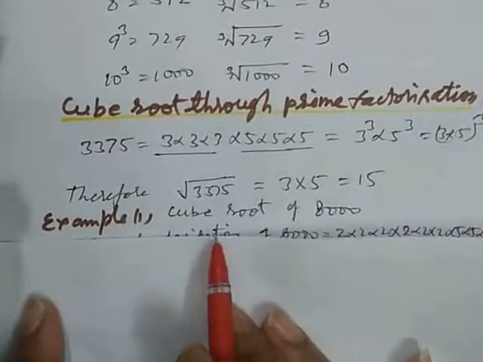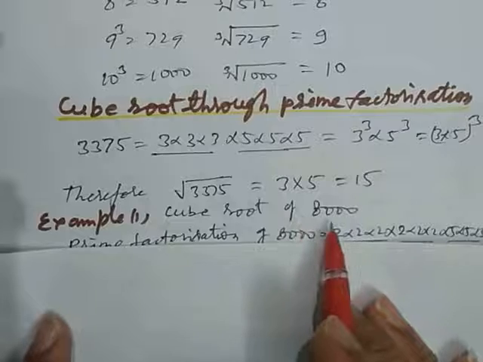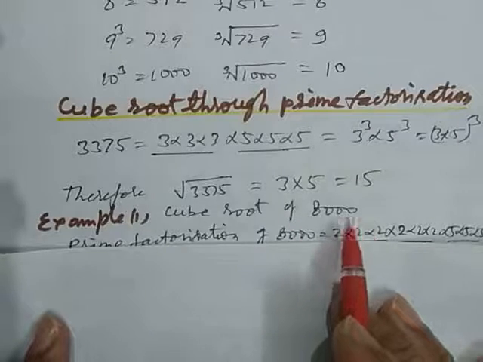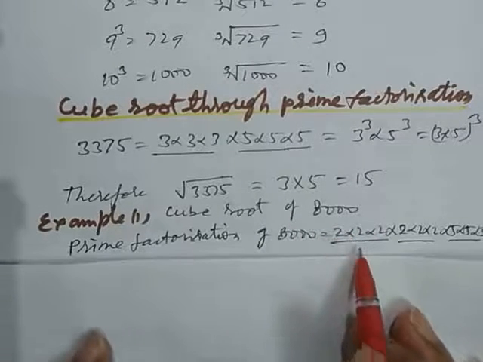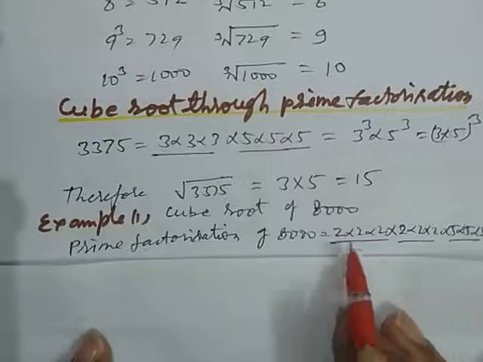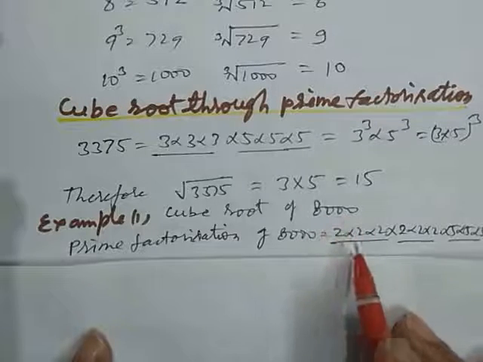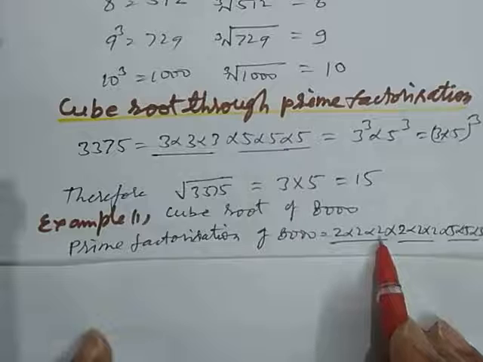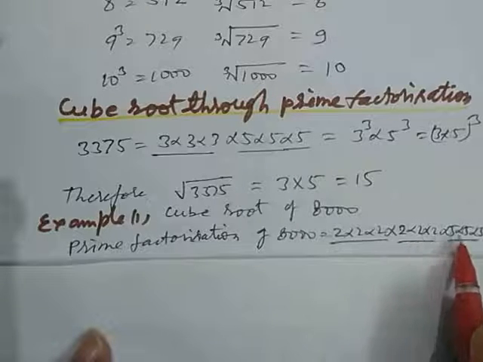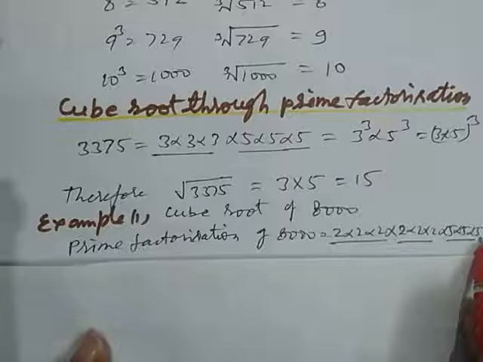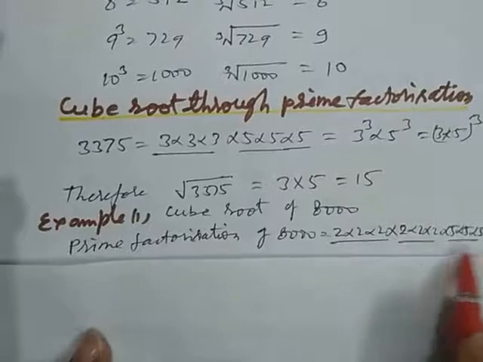Now we take an example: the cube root of 8000. First we write down the prime factorization. The prime factorization of 8000 is 2 into 2 into 2, 2 into 2 into 2, 5 into 5 into 5.